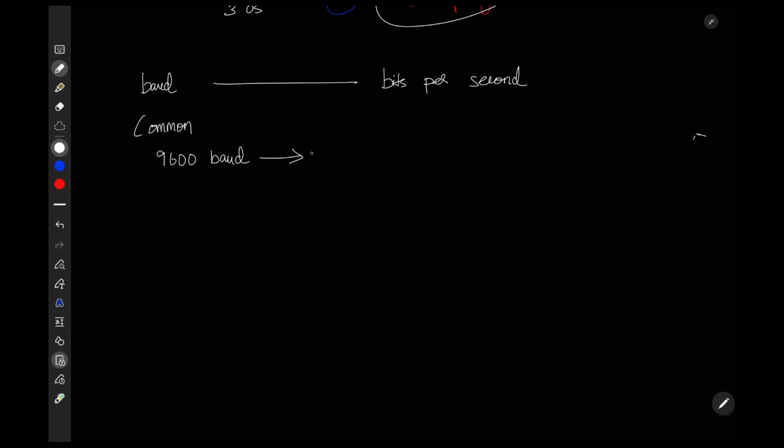So basically it translates to bits per second, the number of bits being sent in a particular second. That is how you understand baud. Baud is bits per second, and by 9600 baud you mean 9.6 kbps.